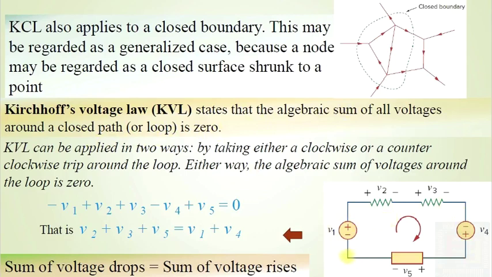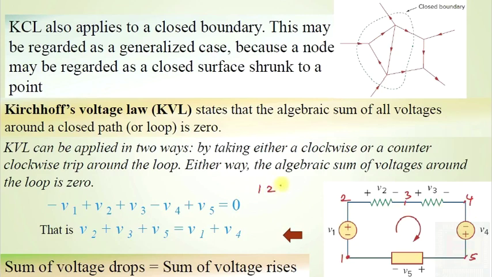if you start from this point and mark the nodes as, say, point 1, 2, 3, 4, 5, and finally, if you start from this node and go from 1 to 2, 3, 4, 5, 1, that is a closed loop.